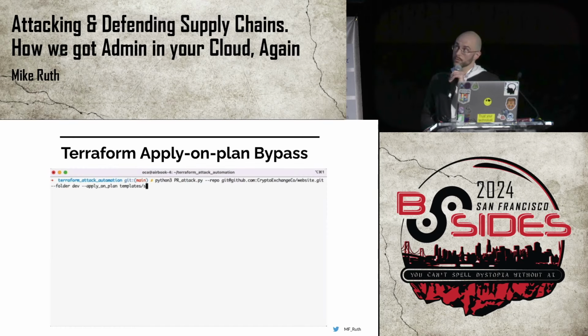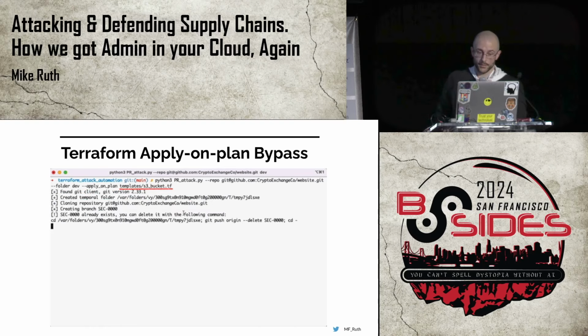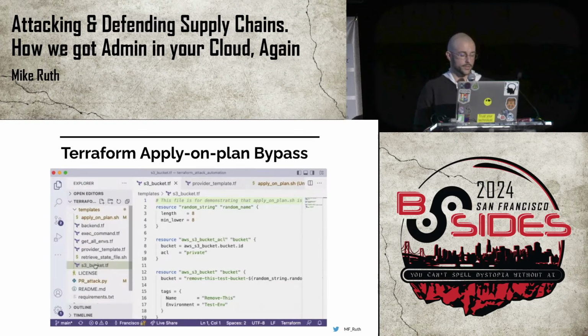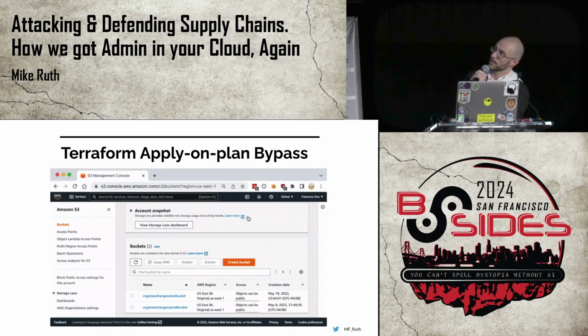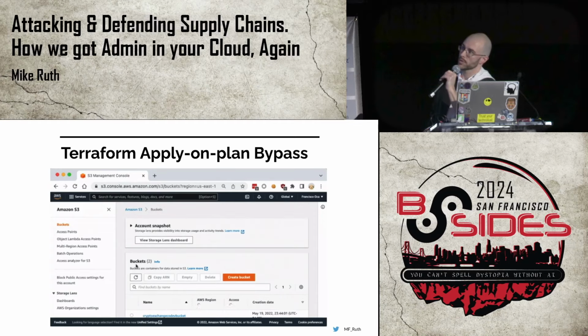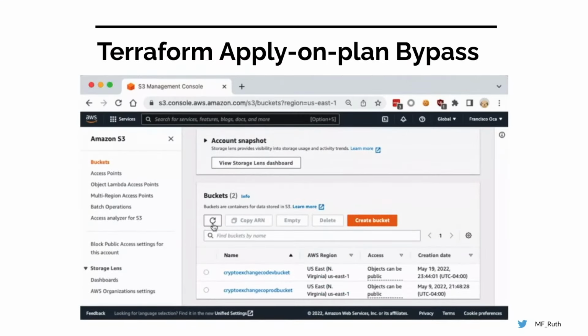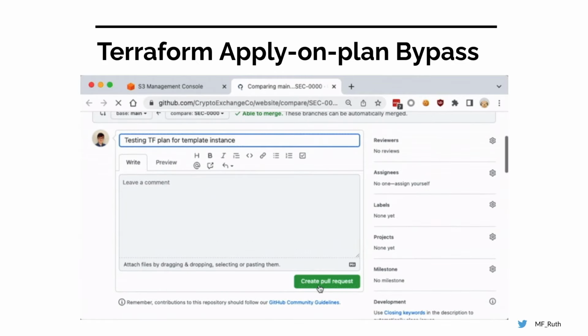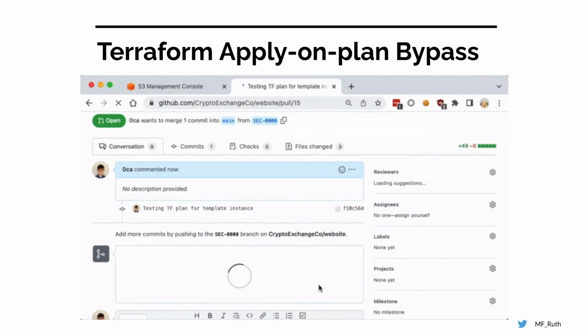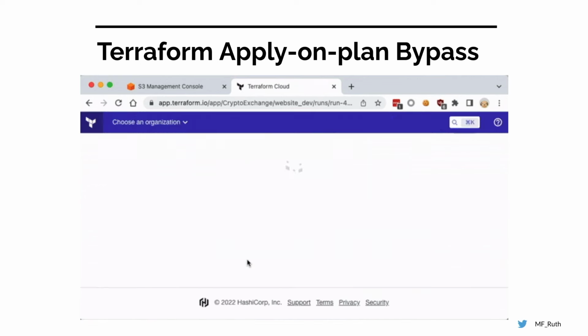Okay, so what we're going to try and do is create an S3 bucket. We can see that the name of this S3 bucket is "remove this test bucket," right here. We can first go into our AWS account and confirm that it doesn't currently exist. You can see that it didn't. So we're going to create a PR to our Terraform repository. We've created this pull request, and that's kicked off a plan.